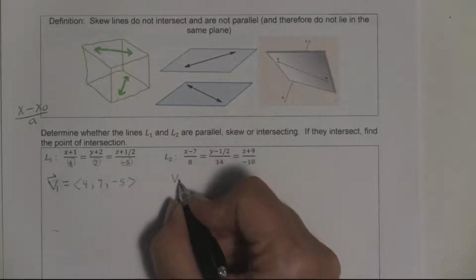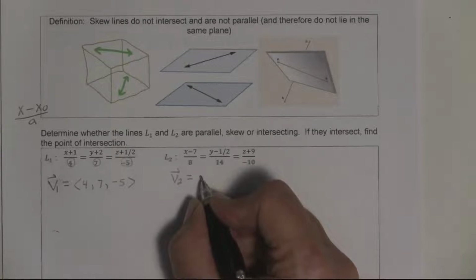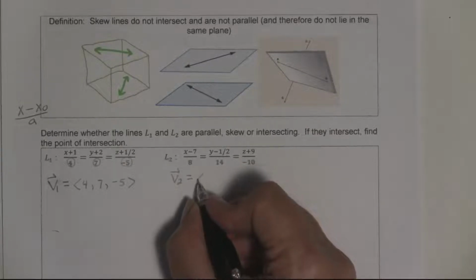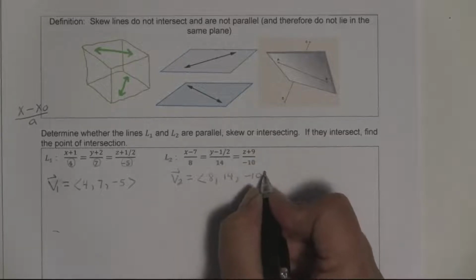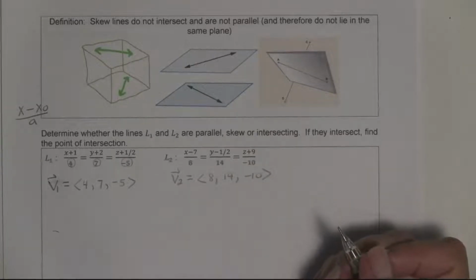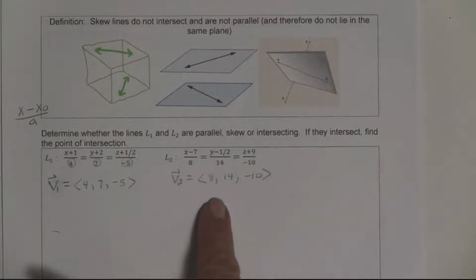And then, I hope that you're ahead of me, the direction vector for line 2 is 8, 14, negative 10.